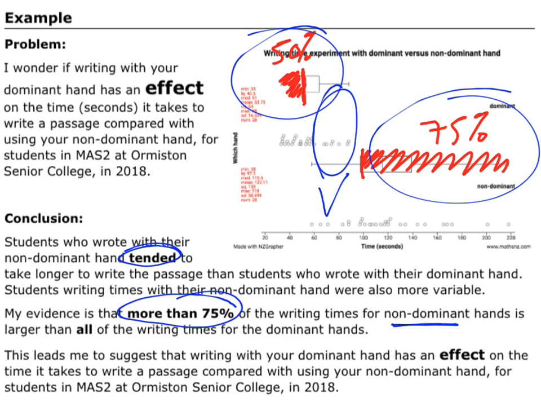So that leads me to suggesting that writing with your dominant hand does have an effect on the time it takes to write that passage. And remember, I'm being very specific about who my participants are: the students in MAS2 at OSC in 2018.